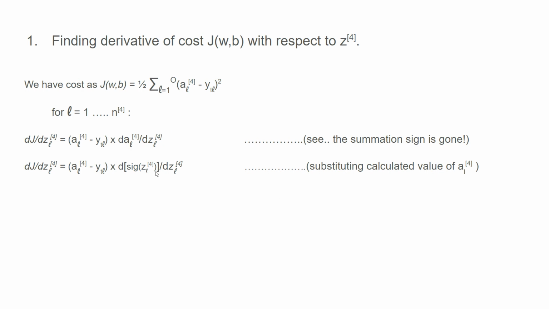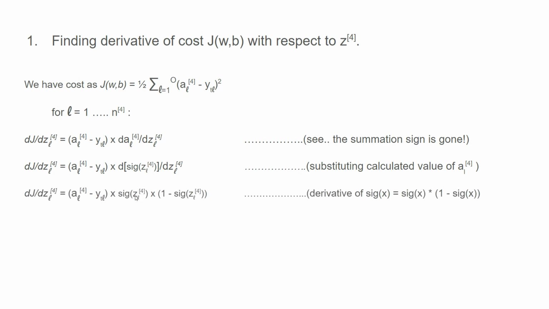The next step is we will differentiate AL4, and we will substitute AL4 as sigmoid of ZL4. From the forward propagation we have established that AL4 is the sigmoid of ZL4, and we know the property of the sigmoid function when it is differentiated with respect to the inner content.